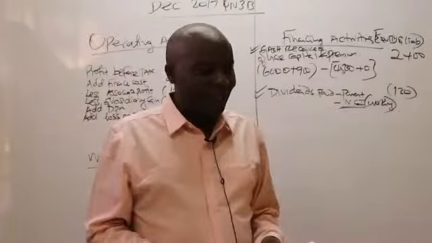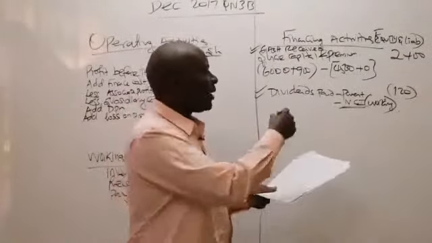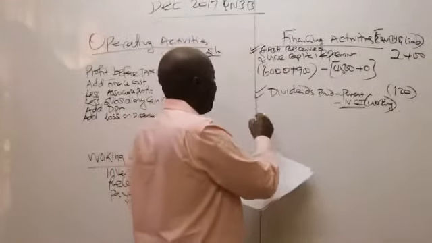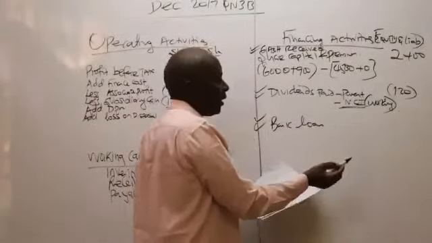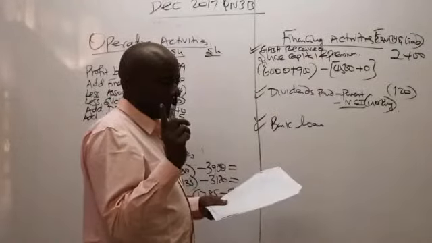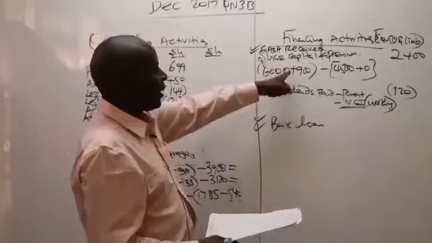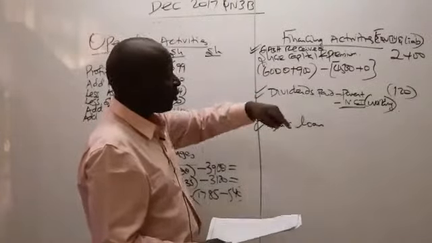Either draw a T account or say here bank loan. It's a liability. So if it's a liability, I must start with the closing, just like equity. Closing figures minus opening figures.